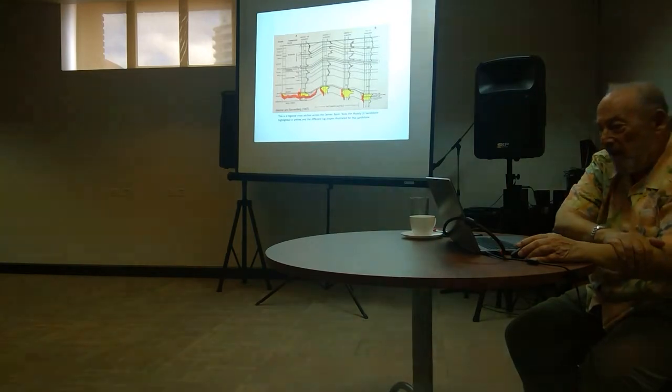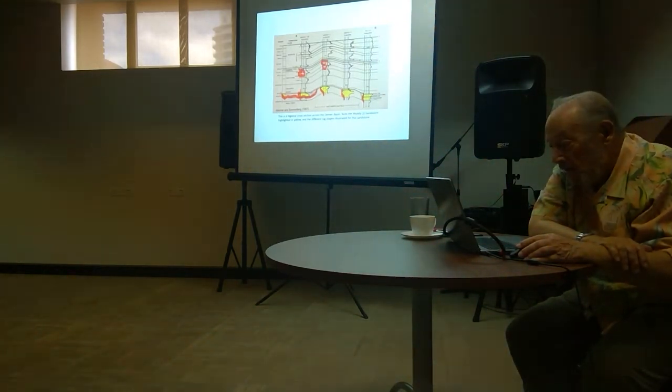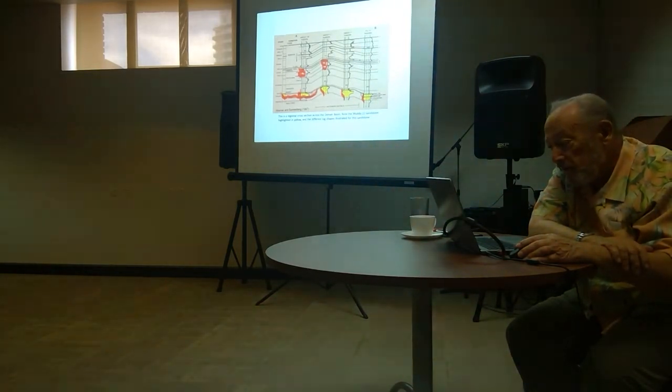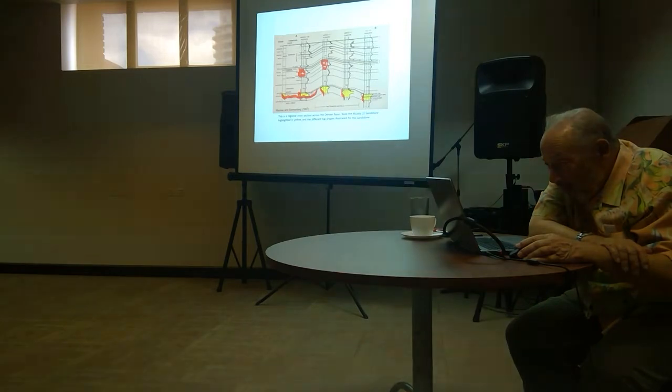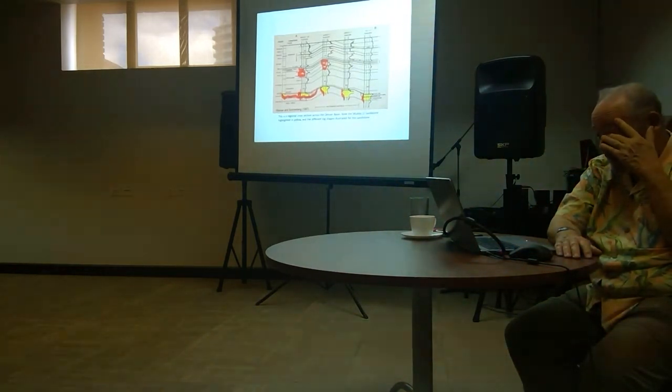Okay, something like that. So somewhere between this well and this well, you see the shape of your logs has changed. This cleaning upward pattern is very typical of high stand delta deposits.